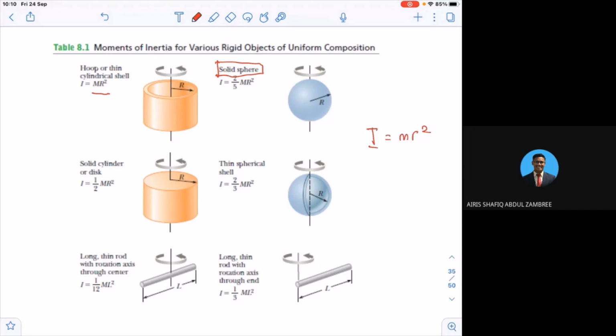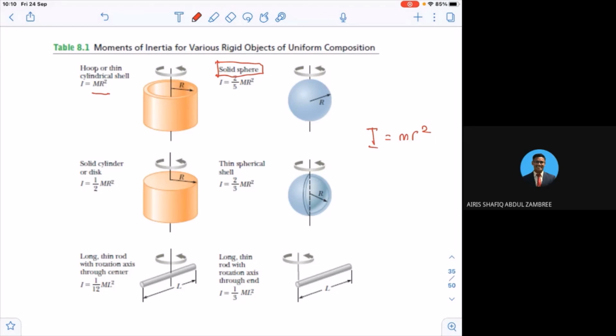The solid sphere is I equals 2/5 mr squared. The solid cylinder or disc has I equals half mr squared.